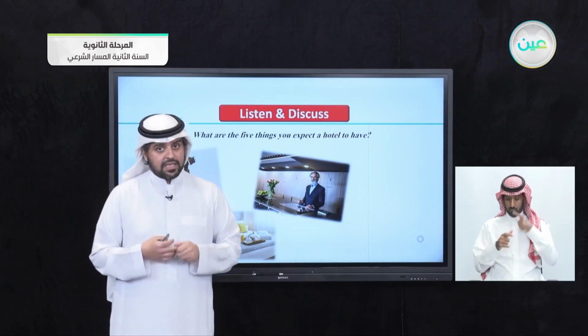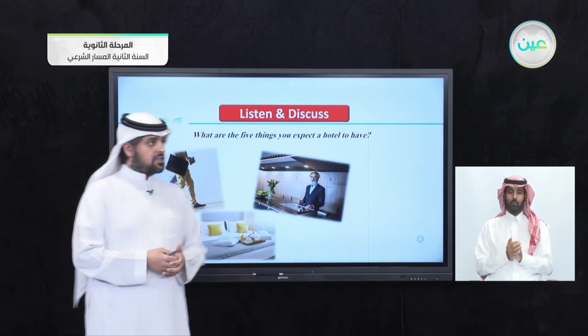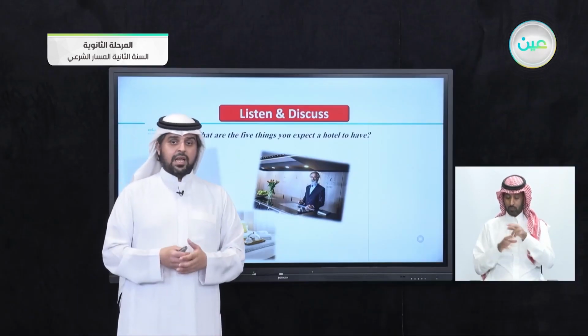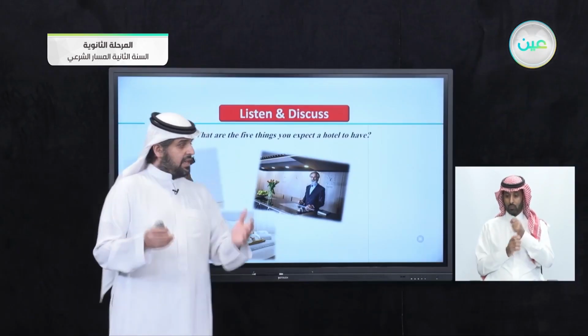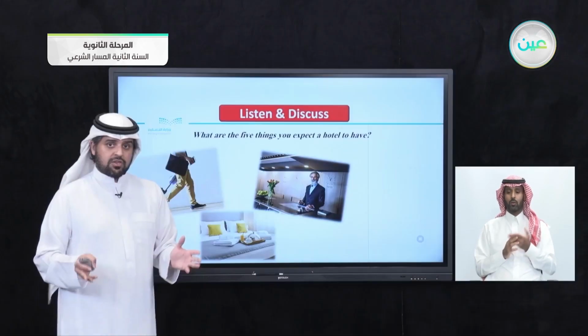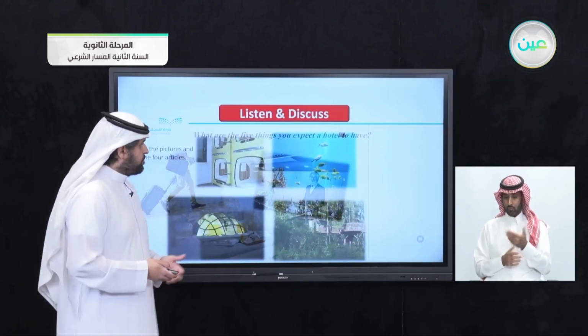A gym, yes, that's correct, and so on. So these are some of the things that you expect a hotel to have. Also in the rooms, of course, you expect rooms and beds and towels, etc. So these are some of the things that you expect a hotel, especially a fancy hotel, to have.